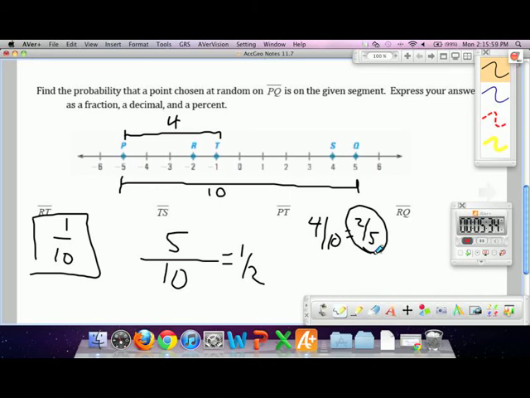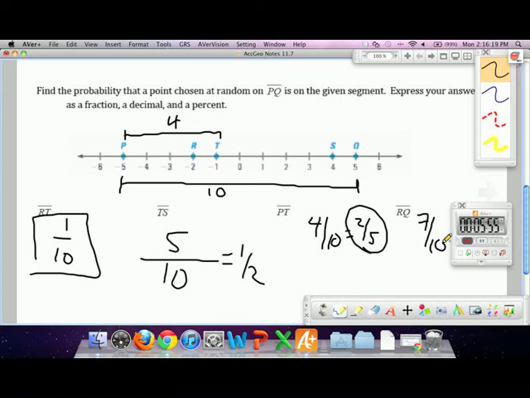The probability of landing on PT is 2 out of 5. The probability of landing on RQ is 1, 2, 3, 4, 5, 6, 7 out of 10.